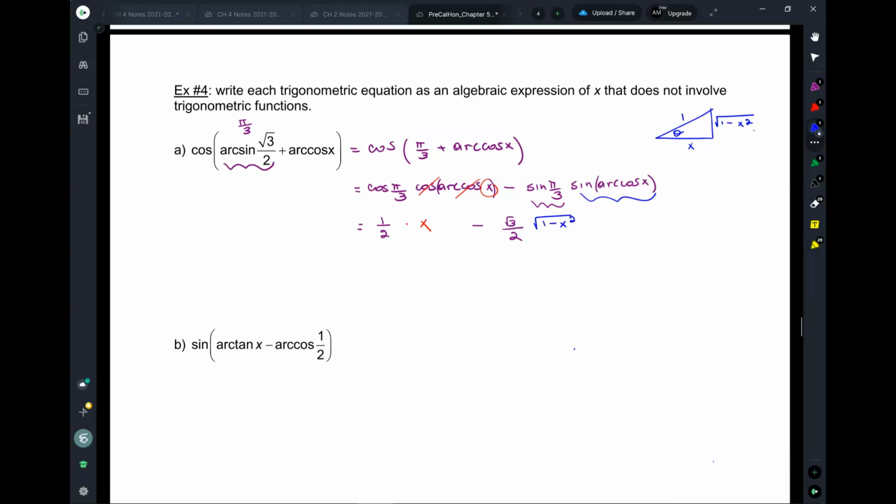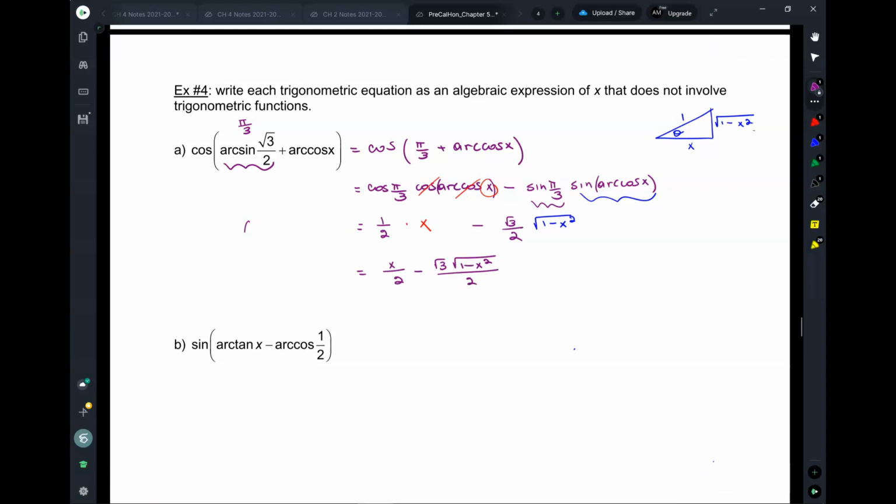So for this, you have to go back and look at the stuff we did in 4.6. In 4.6, this blue part was a single problem on its own. Now it's just 1/4 of a bigger problem. So we're building up. So next, here I have x over 2 minus root 3 times root 1 minus x squared over 2.